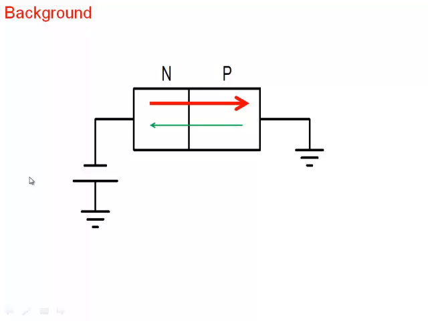Let's look at how the transistor operates. We look at an NPN transistor, and you see an N region and a P region here. I have forward biased the PN junction. I've applied a negative voltage to the N type, and the P type is ground.